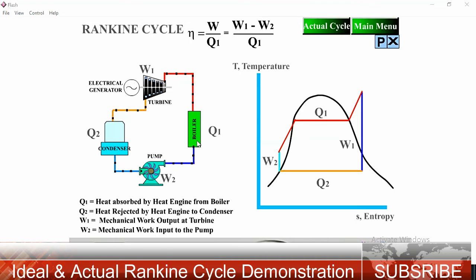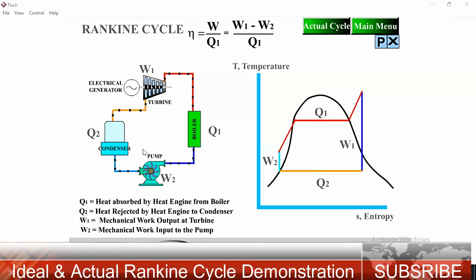Next, in process 4 to 5, preheating of the pressurized liquid from the pump is carried out using the economizer, and sometimes with gases from preheating, or a feed water heater, which uses extracted steam from an intermediate state of the turbine.